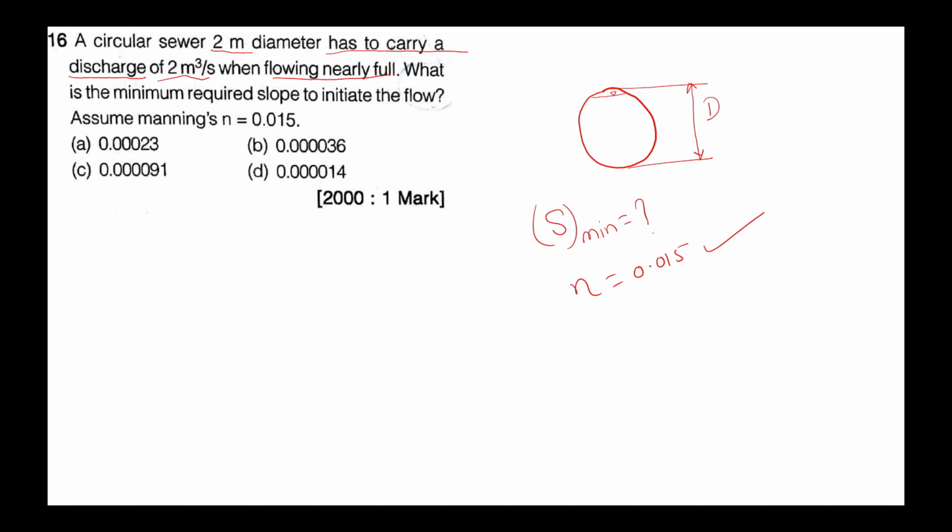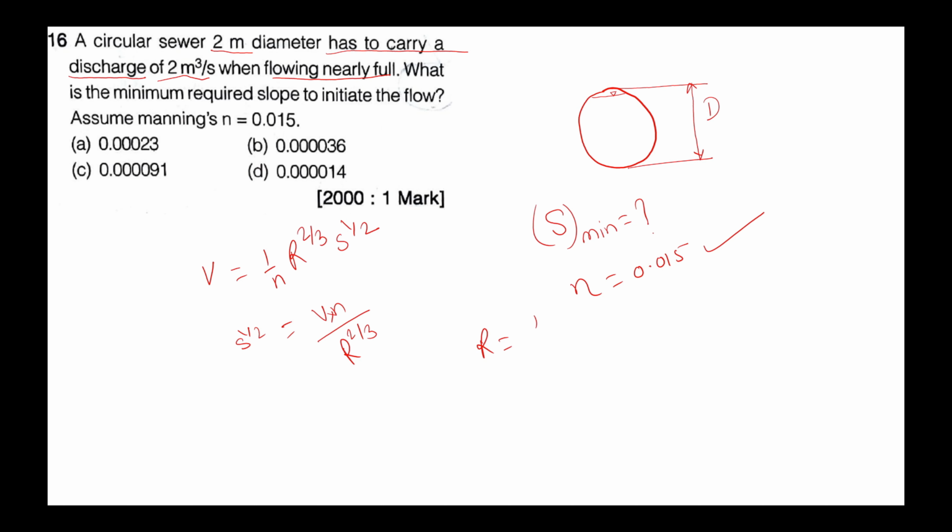So we need the minimum slope here. We know one formula, the Manning's formula: velocity is equal to 1 by n, R to the power 2 by 3, and S to the power 1 by 2. From here we can calculate the S value very easily. So what will be R?